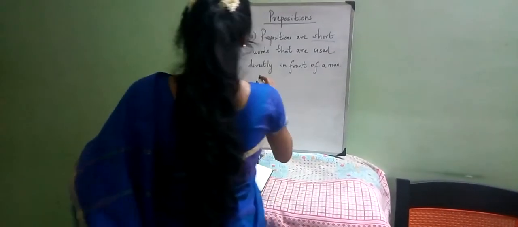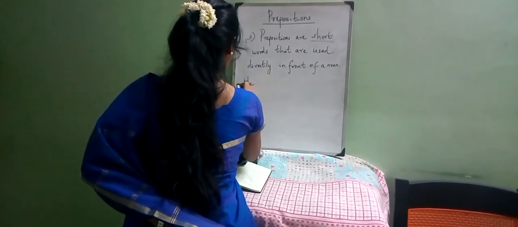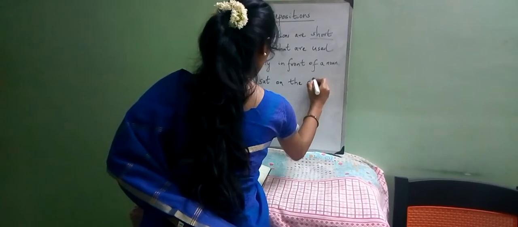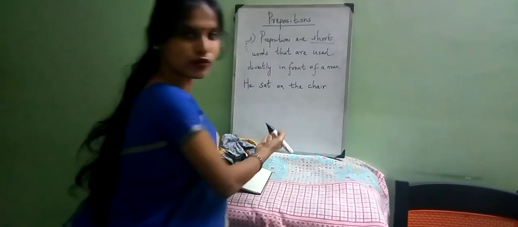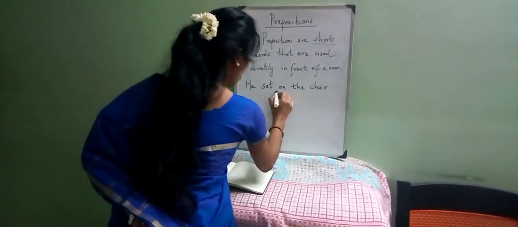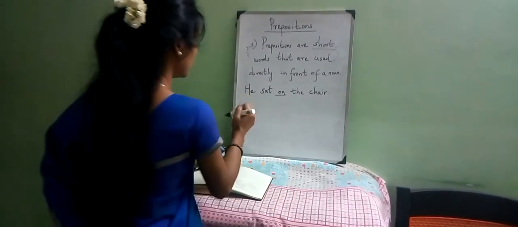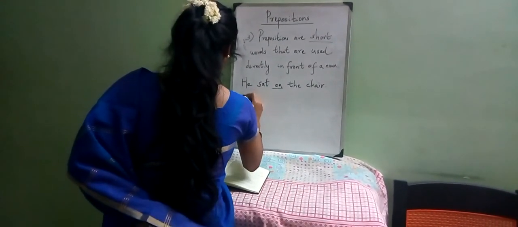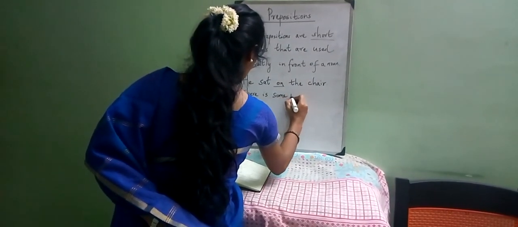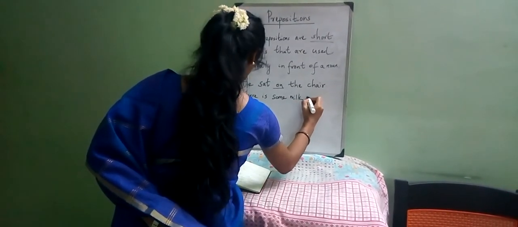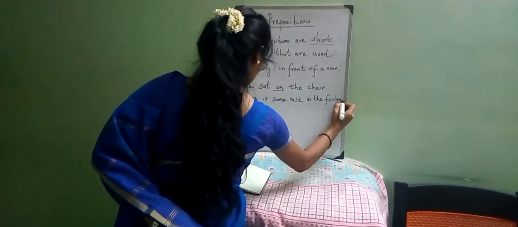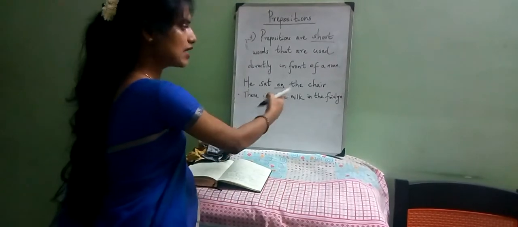First example: he sat on the chair. Since you have studied prepositions all these years, you can easily identify that on is a preposition here. So it is very simple, correct? The second one: there is some milk in the fridge.